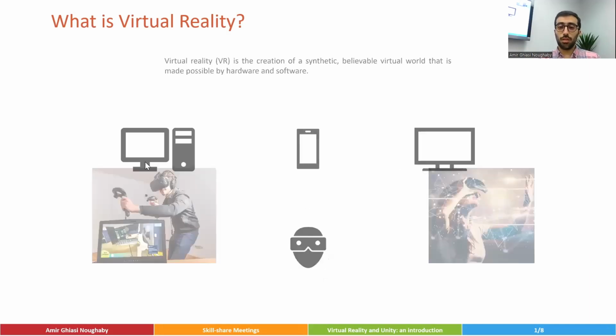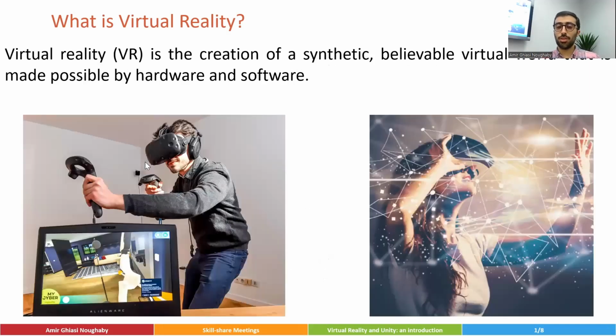VR, or virtual reality, is the creation of a synthetic, believable virtual world that is made possible by hardware and software. In other words, VR is a computer-generated simulation of a 3D environment that can be interacted with in a seemingly real or physical way by a person using special tools.